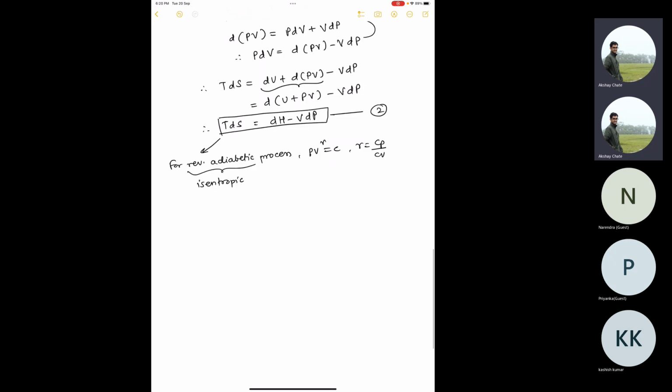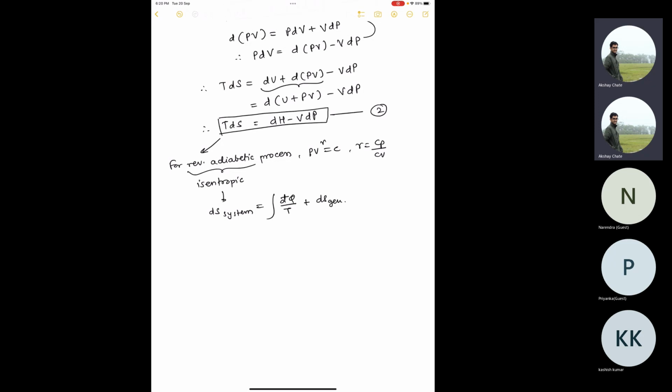Essentially, what you write for ds of your system will be this. Not cyclic here, it can be like this only for a process. It will be del q by del t plus some ds generation.